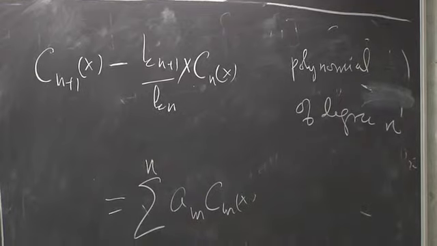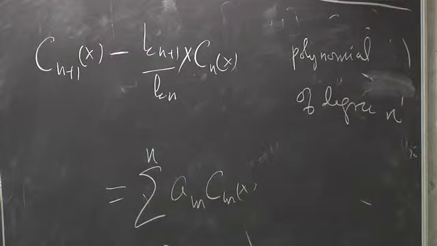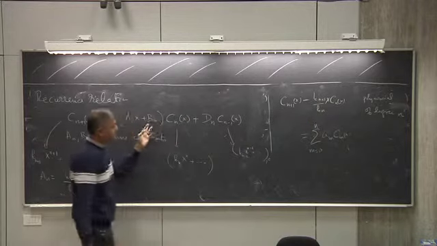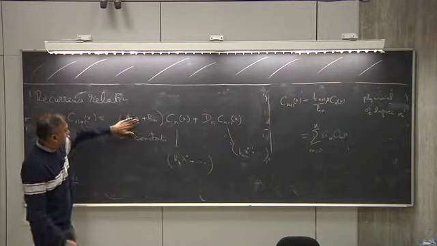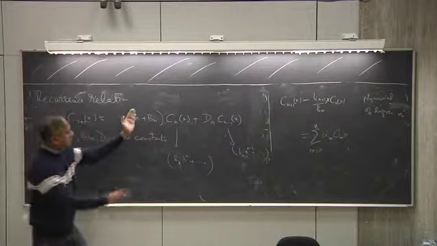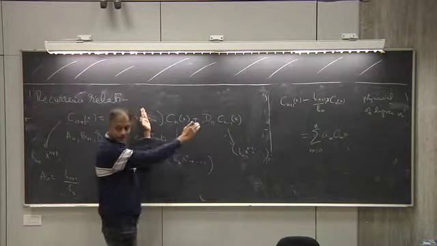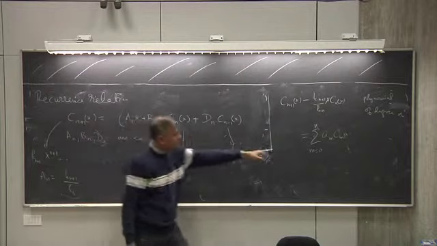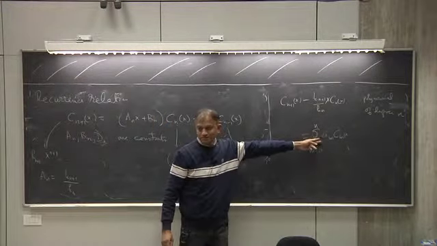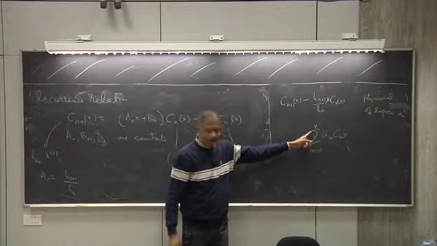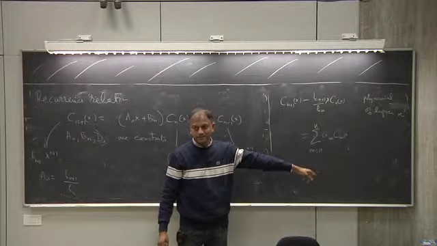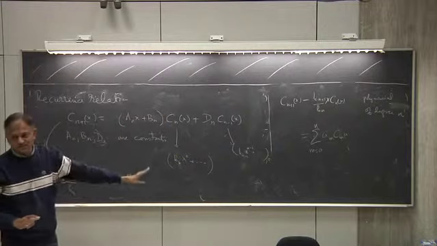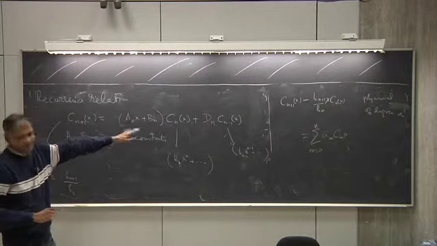Now, I've taken this on the other side, so what is left over here? This and that. So what this statement is saying is that in this sum only two terms contribute, m equal to n and m equal to n minus 1. Everything else must vanish. That is what this statement is saying.